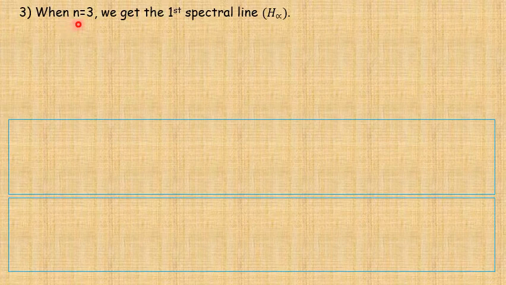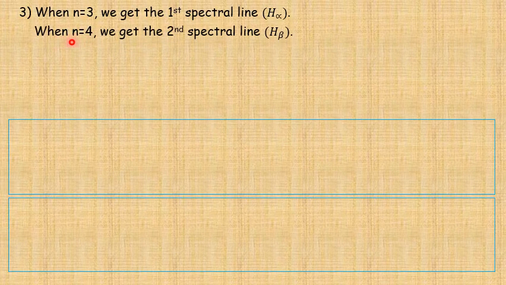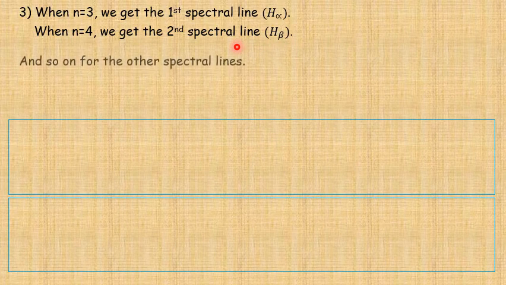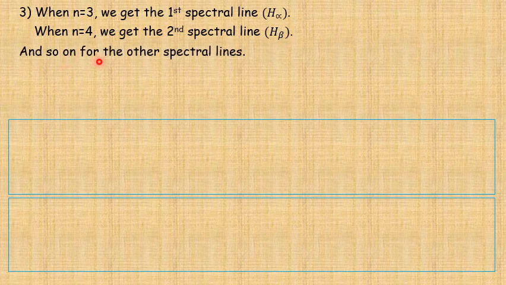So if you put n equal 3, this means you will get the first spectral line. When n equal 4, we get the second spectral line, and this time we can call it H beta. So H here for hydrogen, and alpha, beta, gamma, this is just counting, and so on for the other spectral lines.